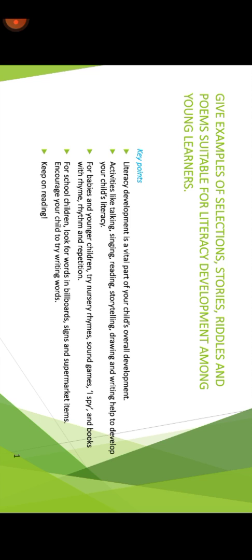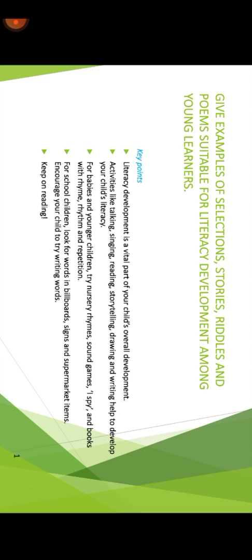First, literacy development is a vital part of your child's overall development. Not just in reading or in speaking, but it is stated here that it is an overall development, meaning the 5 macro skills are reached through this literacy development.